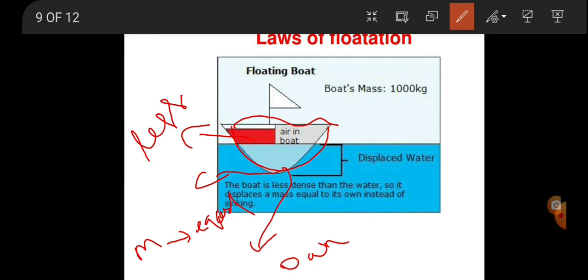Then only the application of the principle of flotation. A direct reading instrument used for measuring the density and relative density of liquids is called a hydrometer. Hydrometers use the principle of flotation.